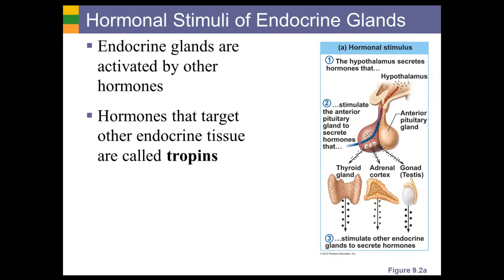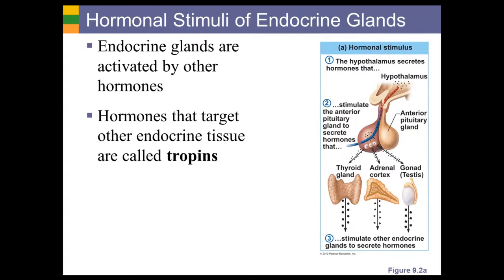These are not something you're expected to know right now, but your gonads, testes or ovaries, release sex hormones, right? Well, they release those sex hormones in response to hormones from your anterior pituitary gland. Your adrenal cortex releases hormones in response to hormones from the anterior pituitary. Same with your thyroid gland.